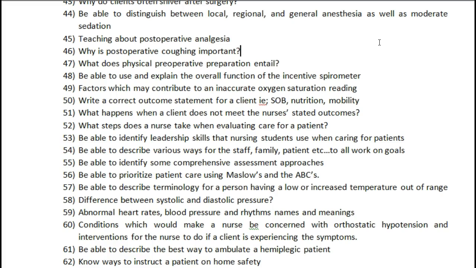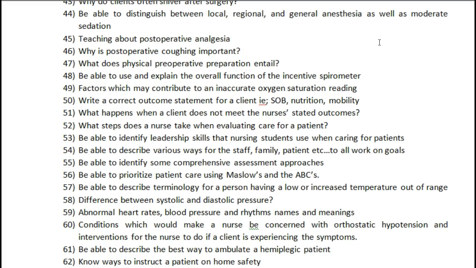Sometimes they may give you some type of prep. If they have hearing aids or any loose dentures or anything like that, all of that needs to be removed.